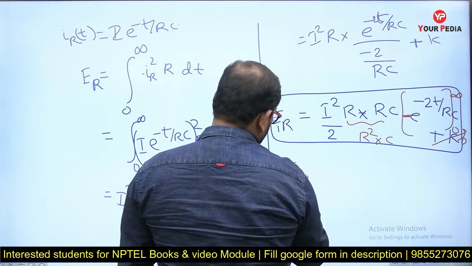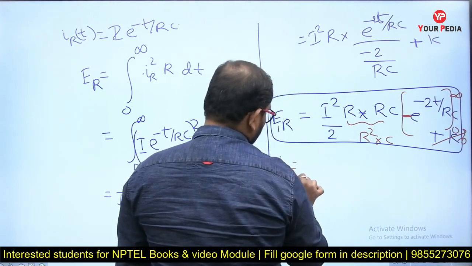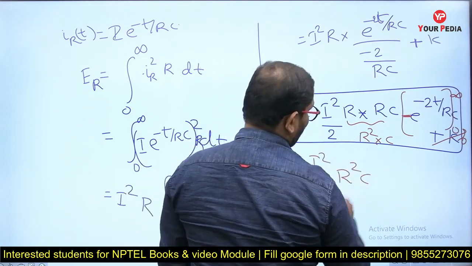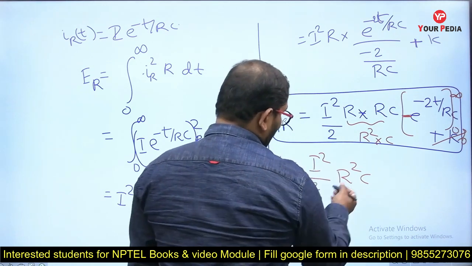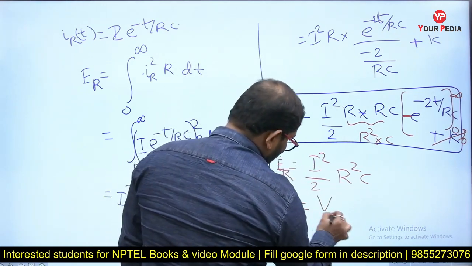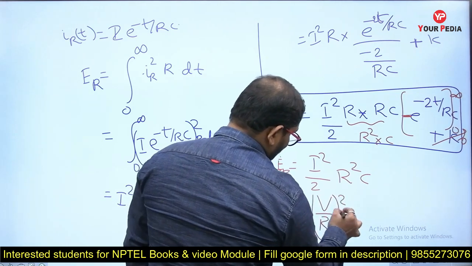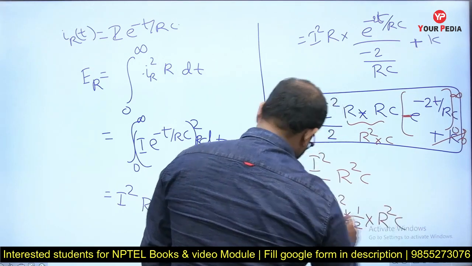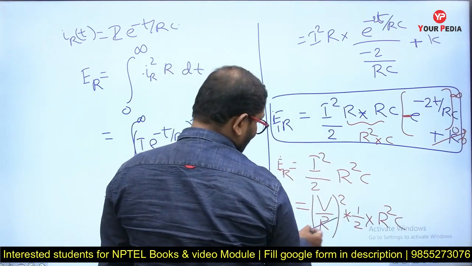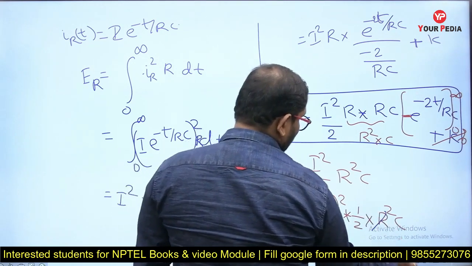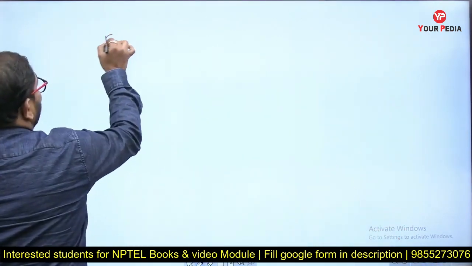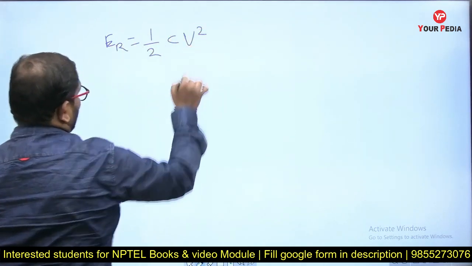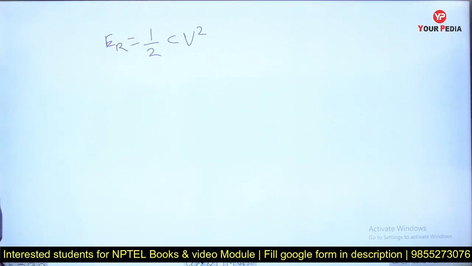So you'll get the energy dissipated in the resistor as I square by 2 into R square C. Now the I value is V by R whole square, so this R square gets cancelled. Finally the energy dissipated in the resistor is half C V square.